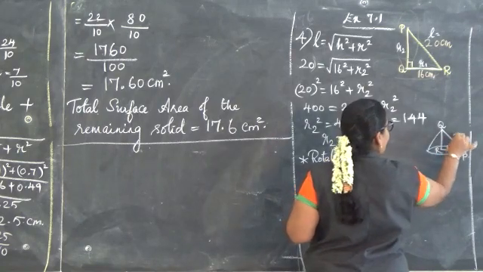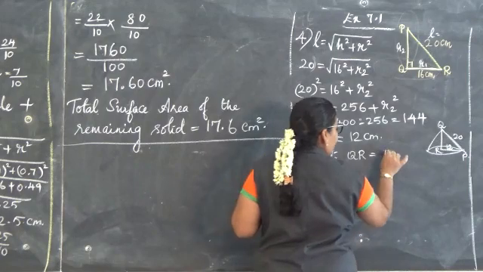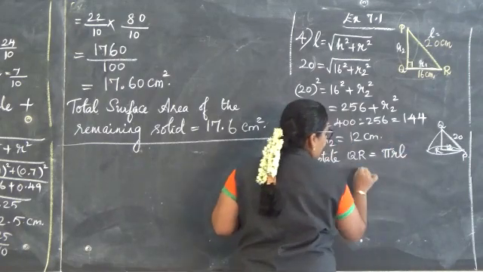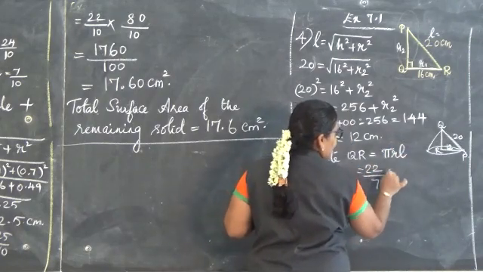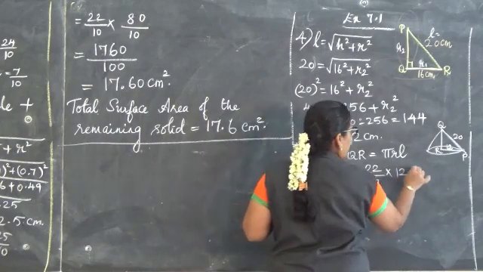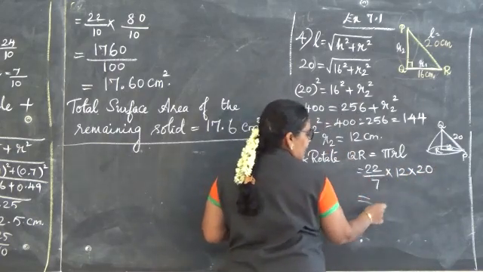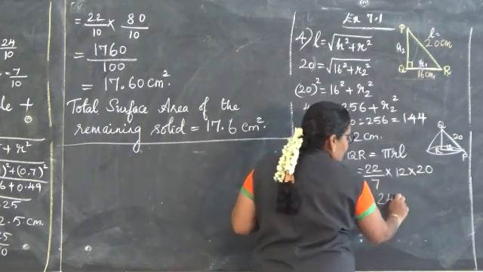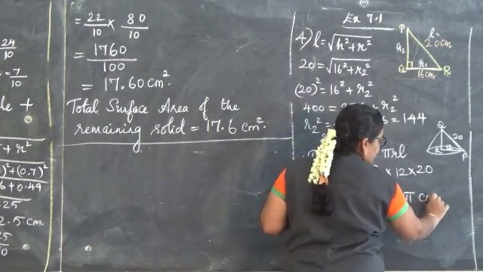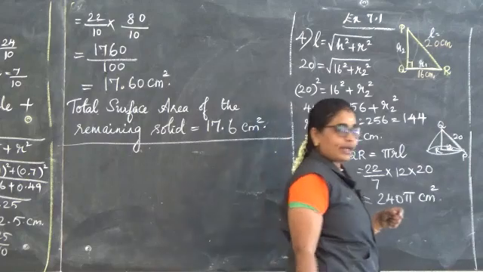Radius is 12 and L is 20. Again your formula is pi r L, 22 by 7 into radius 12 into 20. Since we can't cancel this, it is 240 pi centimeter square.